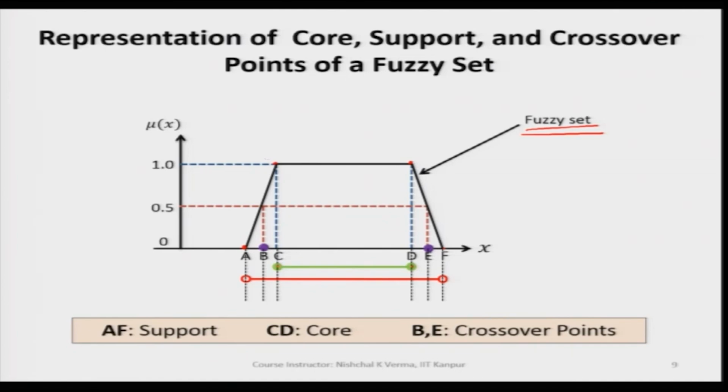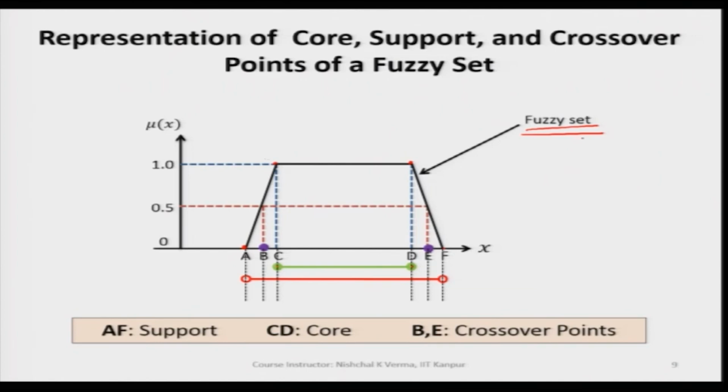Right from C we have all the generic variable values corresponding to which the membership values are 1, and this goes till D. So, this way CD will represent the core of a fuzzy set, and this fuzzy set here is the trapezoidal fuzzy set, which is a continuous fuzzy set.